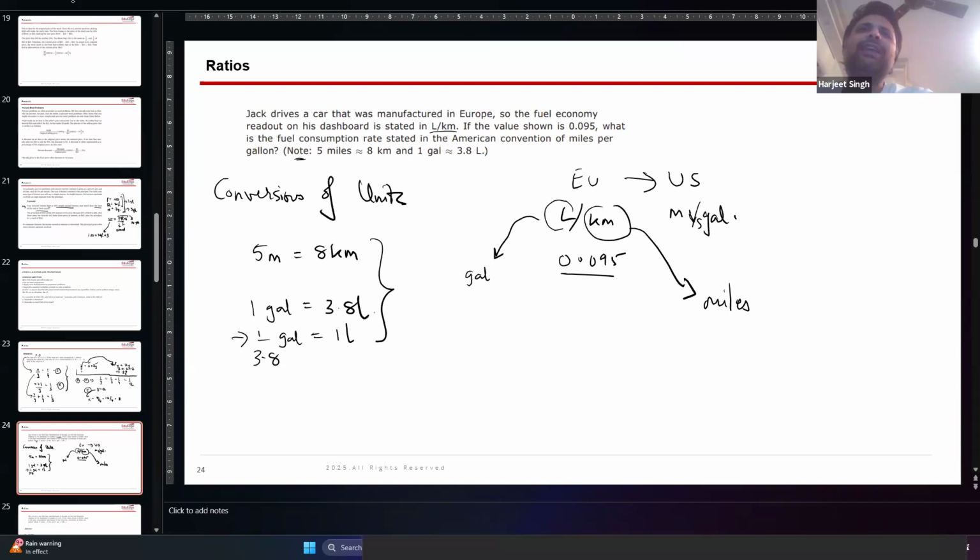So convert L into gallons, kilometer into miles. Liter into gallons will be 1 by 3.8 multiplication. And kilometer into miles is using the above equation. 5 miles is equal to 8 kilometers, which means 1 kilometer equals 5 by 8 miles.